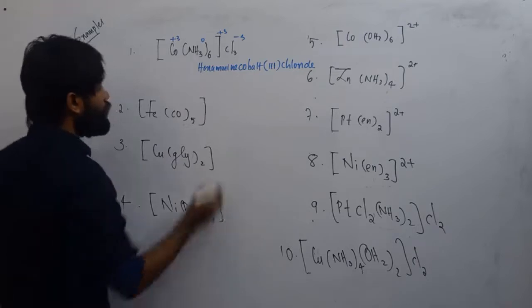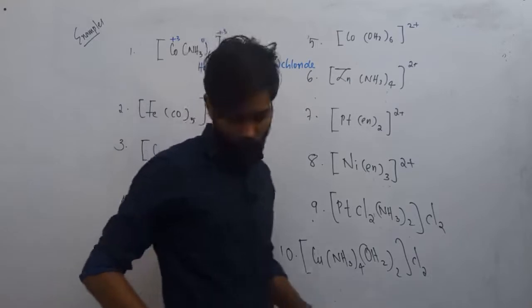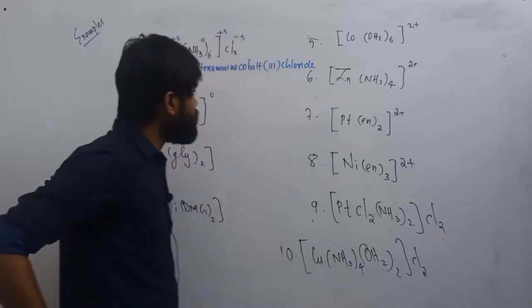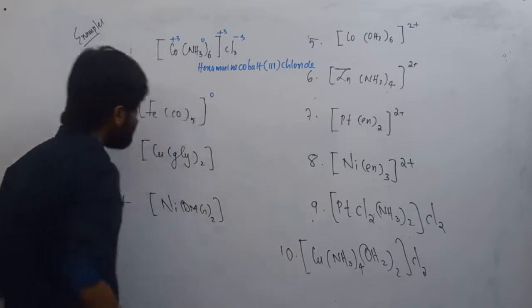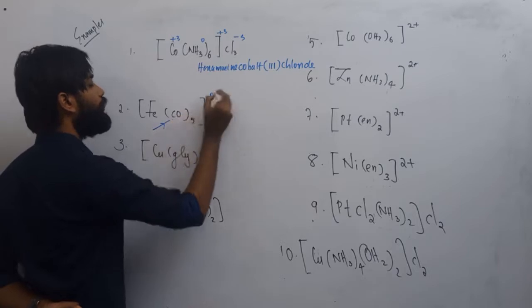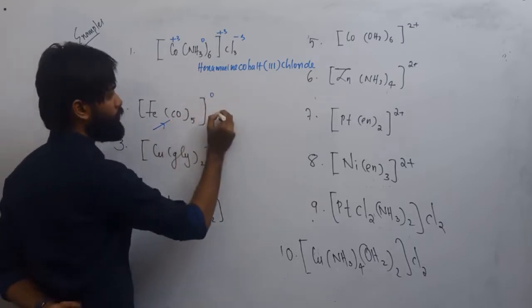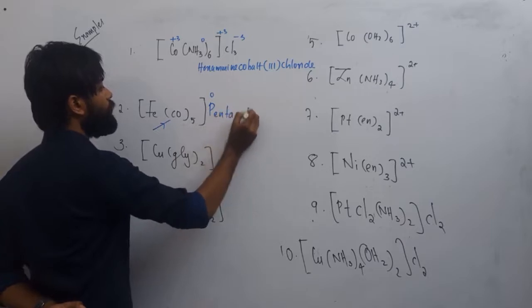The next, the Hall charge is 0, right? Because there is no special charge mentioned, the Hall charge is 0. Since the Hall charge is 0, that belongs to a neutral compound. In the case of a neutral compound, first of all, you say the ligand. Ligand is carbon monoxide. It is said to be carbonyl. So this is pentacarbonyl.